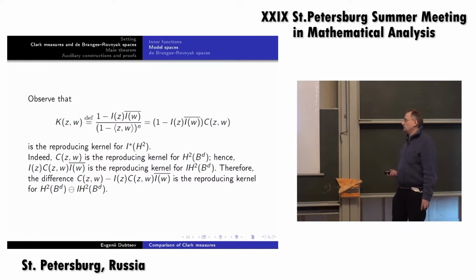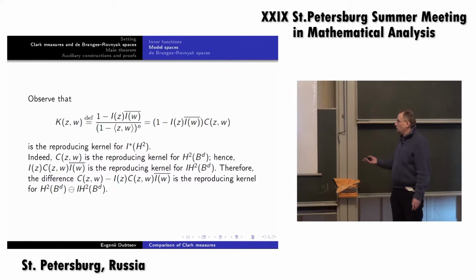For this space, it's easy to compute the reproducing kernel. The expression is exactly the same as in the case of one variable, and here is a brief explanation. We compute directly the corresponding kernels. So we have a kernel for H^2.